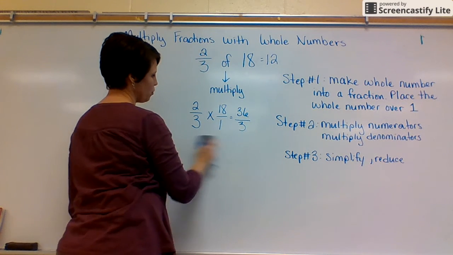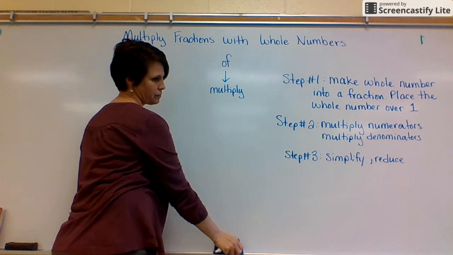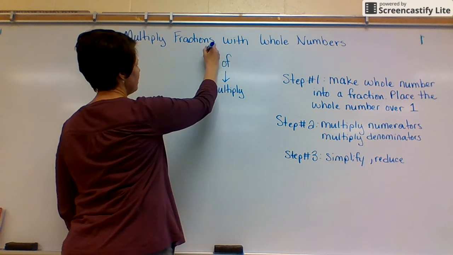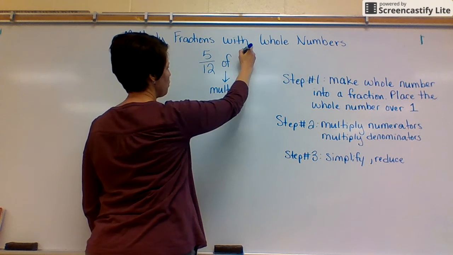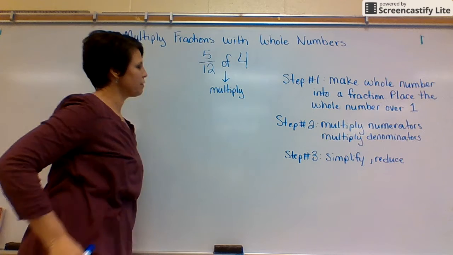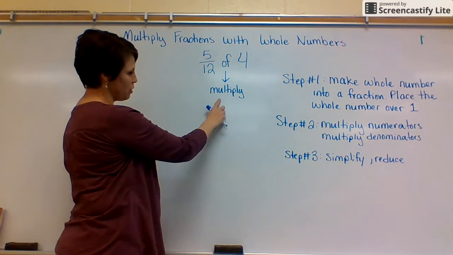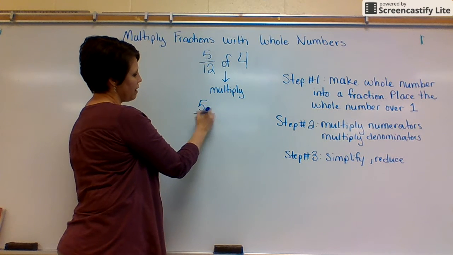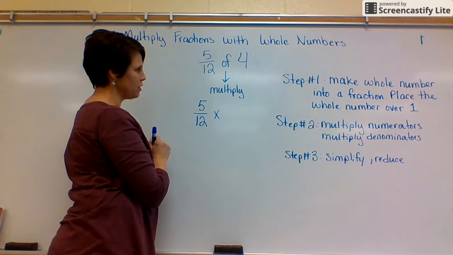I want to do one more with you. Let's see what 5/12 of 4 would be. 5/12 of 4. Remember, the word of means to multiply. So it is 5/12 times 4.